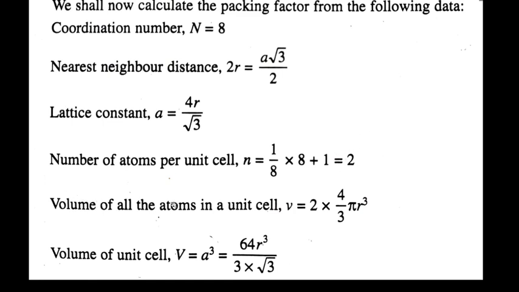So the volume of the atoms in a unit cell, always referred to by a small v, is 2 multiplied by 4 by 3 pi r cube.